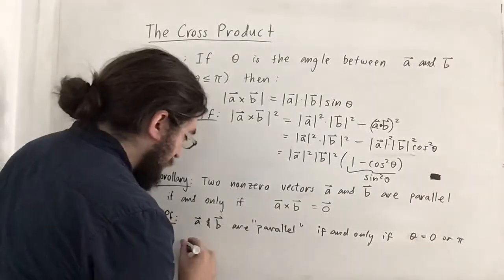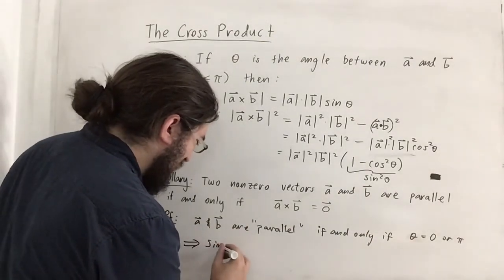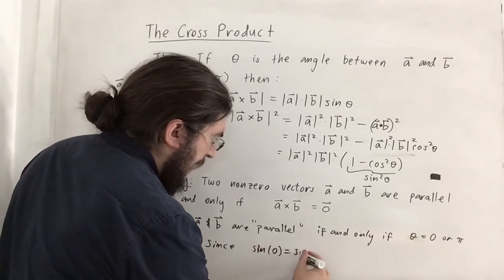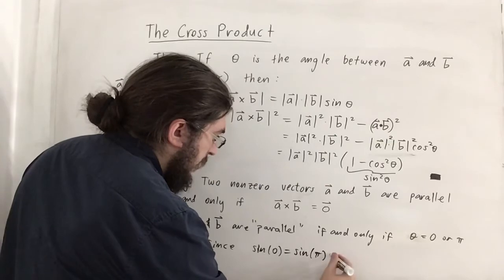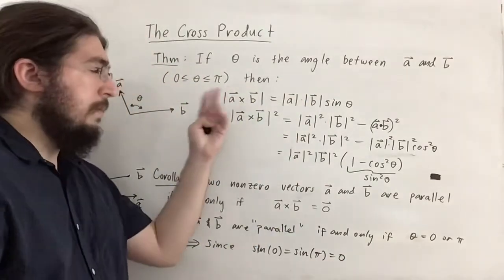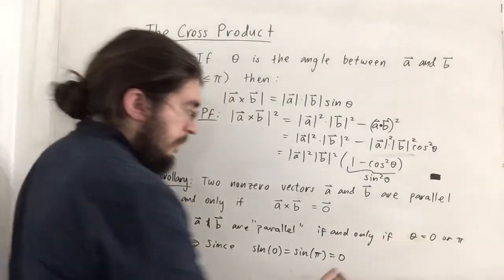And in fact, since sine of 0 and sine of pi are both equal to 0, this equality collapses to the cross product having magnitude 0.